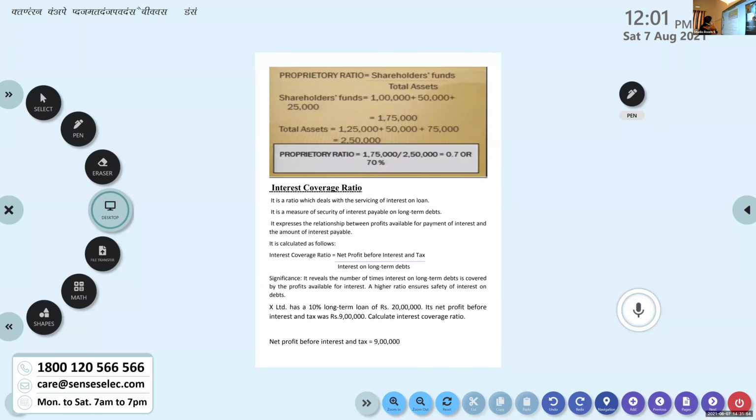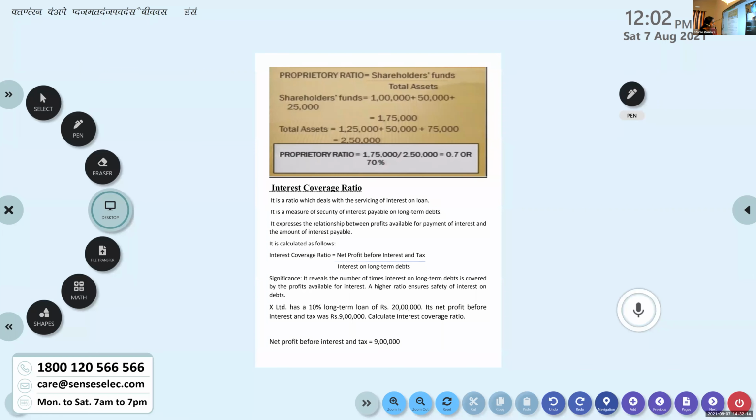Now, let us see a question based on this. X Limited has a 10% long-term loan of rupees 20 lakhs. So 20 lakhs is the loan amount and the interest rate is 10%.